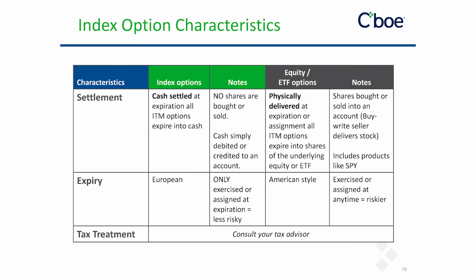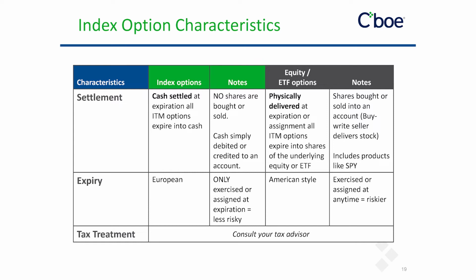BXM uses SPX index options, where there's an average daily volume of about 1.45 million contracts. If you evaluate that in terms of notional value, it works out to roughly 500 billion in notional trade per day. SPX options are arguably the most liquid option contract in the world. Now, all equity and ETF options are physically delivered. What that means is at expiration, all in-the-money options expire into shares of the underlying equity or ETF.